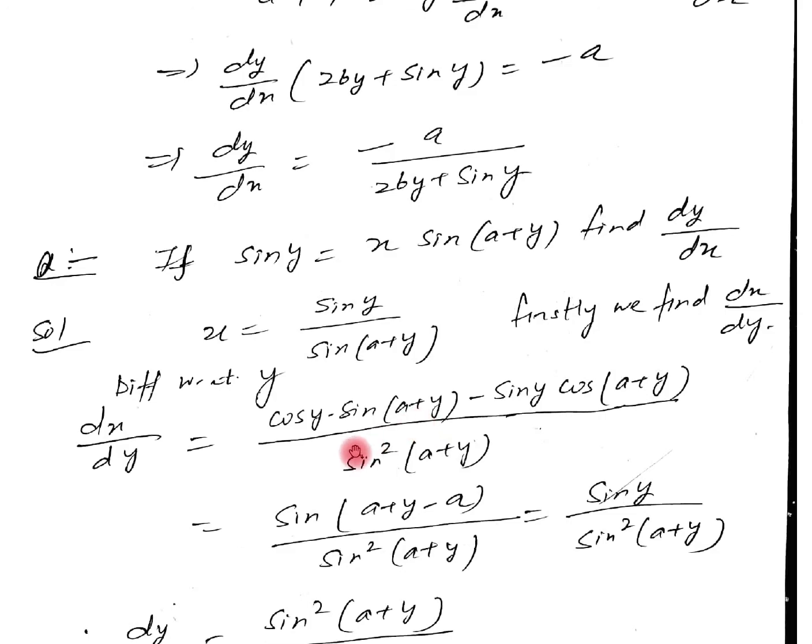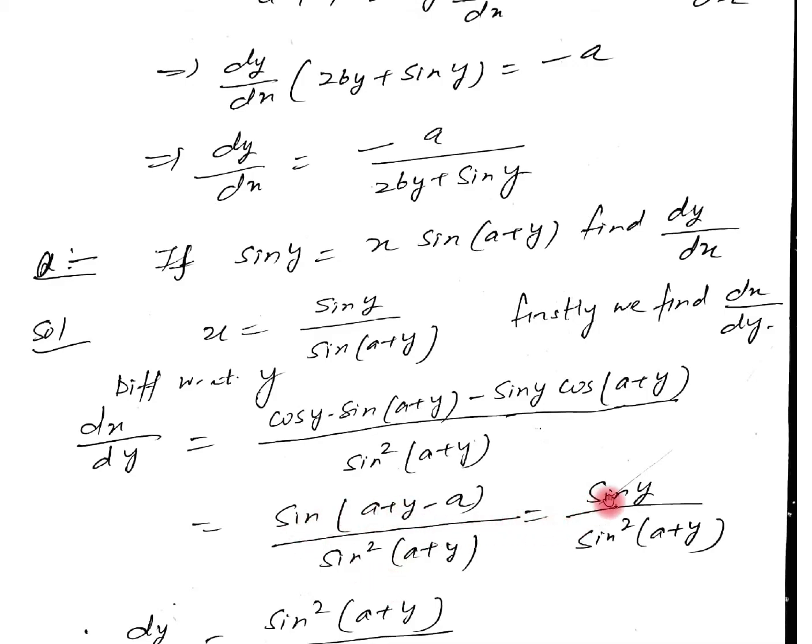And we know that sin a cos b minus cos a sin b is equal to what? Sin(a minus b). This is our a, this is our b. This can be written as sin(a plus y minus y), that is sin a, upon sin square(a plus y) as it is.